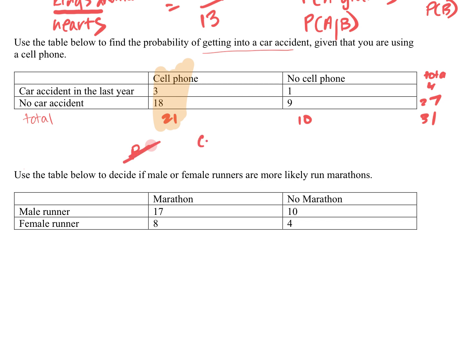So I want to do cell phone and accident over cell phone. Is everybody with me? Okay? Because if I'm given on their phone, I'm not talking about everybody. So my bottom number should be, who am I talking about? What do I know about these people? Everybody good? So in this case, I would call that 3 out of 21, which is about 14%, about 0.143.